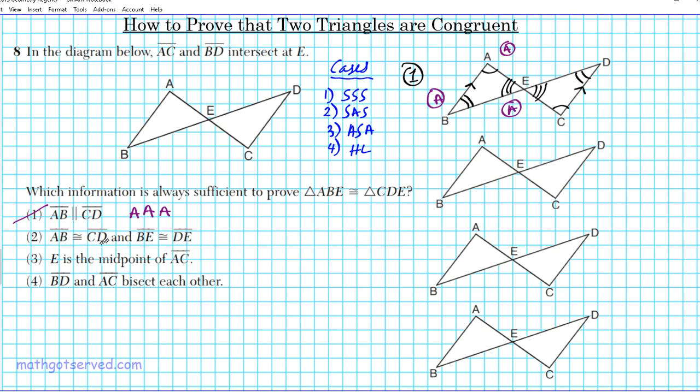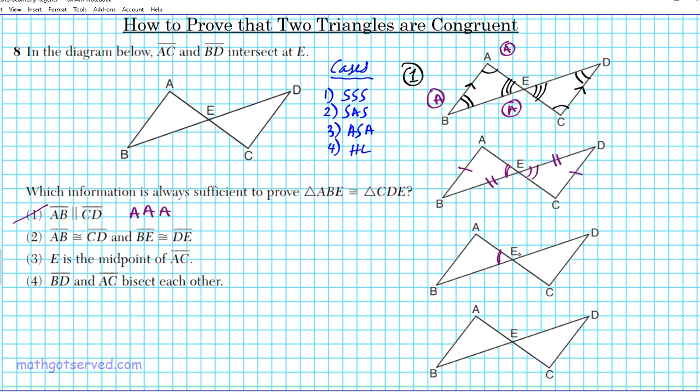Segment AB is congruent to CD, and segment BE is congruent to segment DE. Is this sufficient to show congruency? We know that these two angles are vertical angles. That will always be the case in all of them, okay?